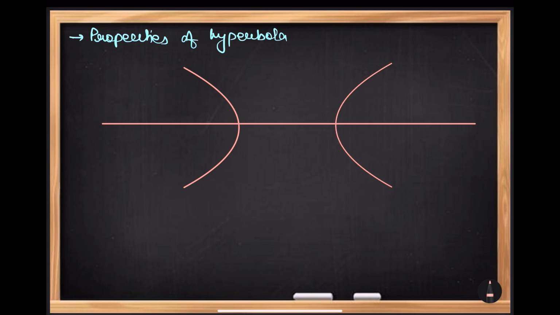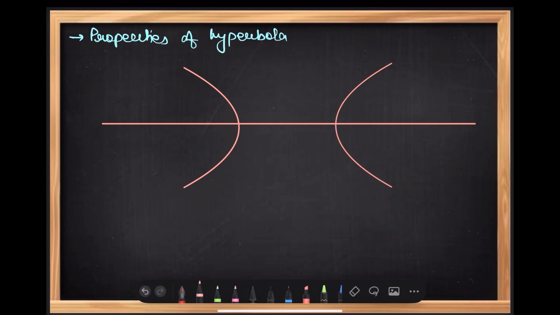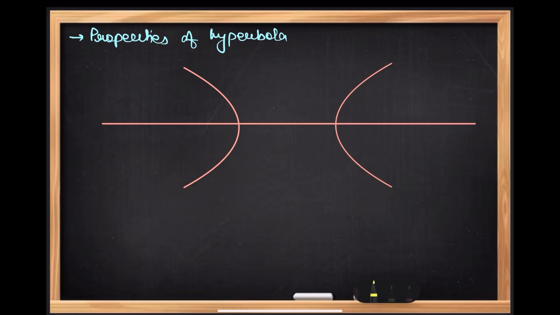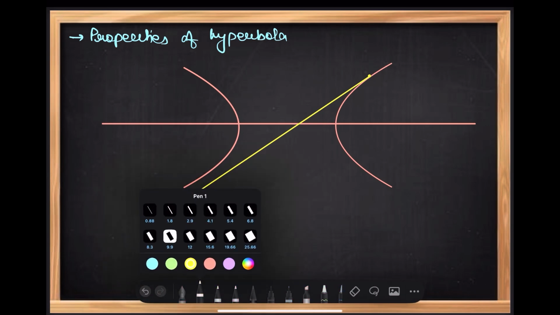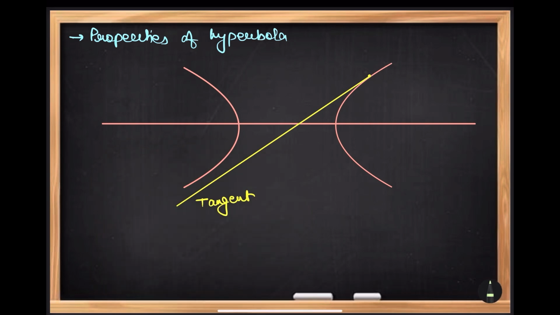Now what we will do is take a point on it, to which we have dropped a tangent. So this is the tangent. On the same point, I will drop a normal. Okay, so this is the normal.